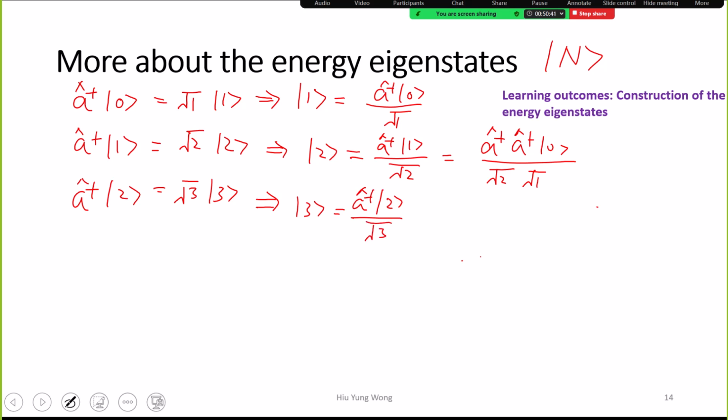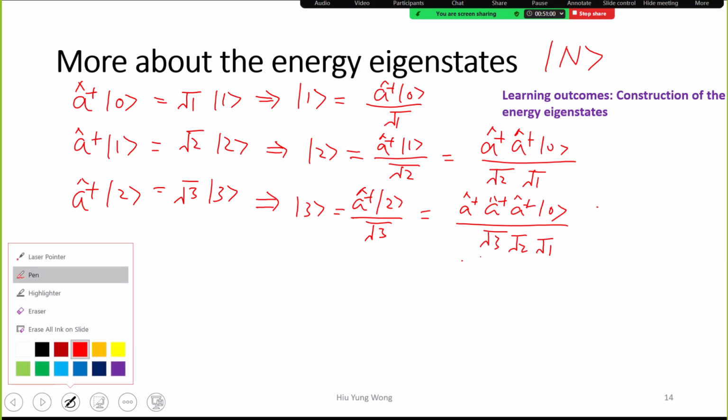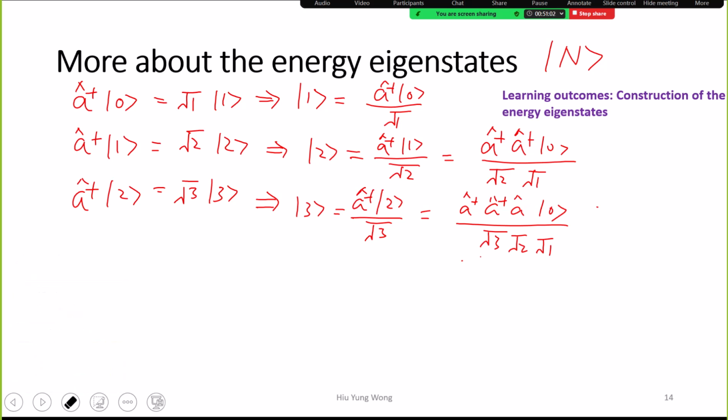Then I substitute the one from above for state 2. This is A dagger hat, A dagger hat, A dagger hat, 0 divided by square root 3, square root 2, square root 1. I did not prove anything. You can do this by induction or whatever you want, but you already see the pattern, right?